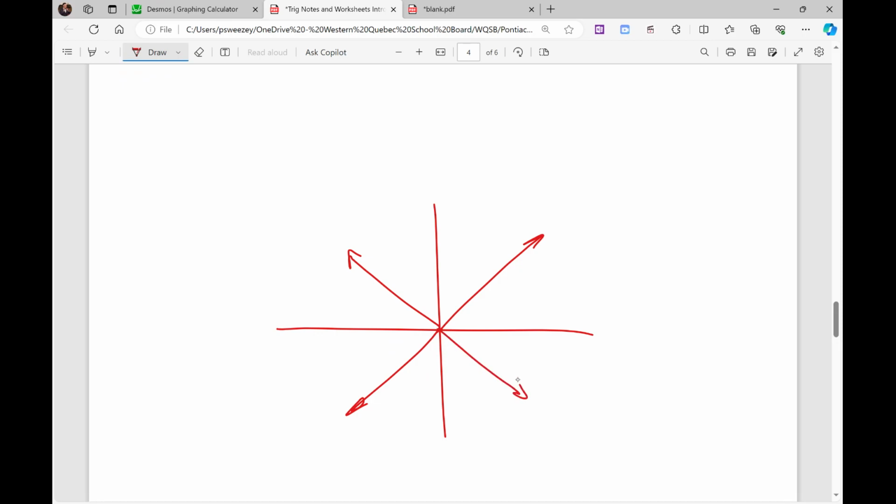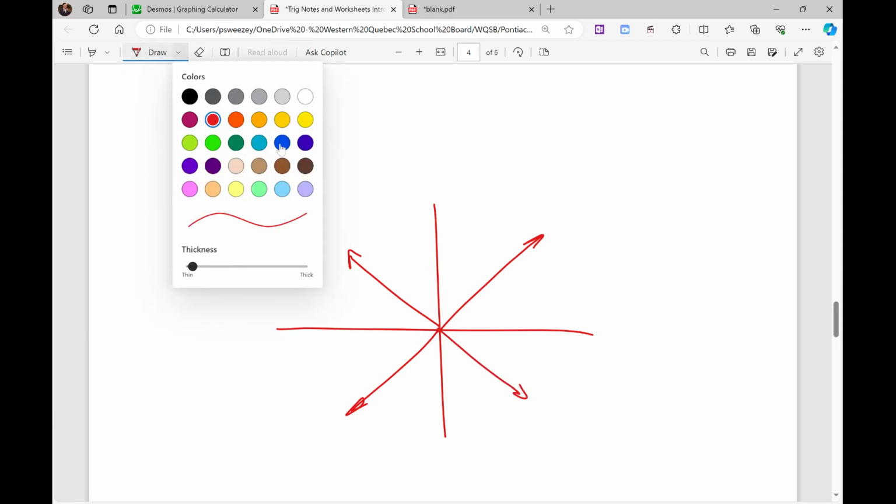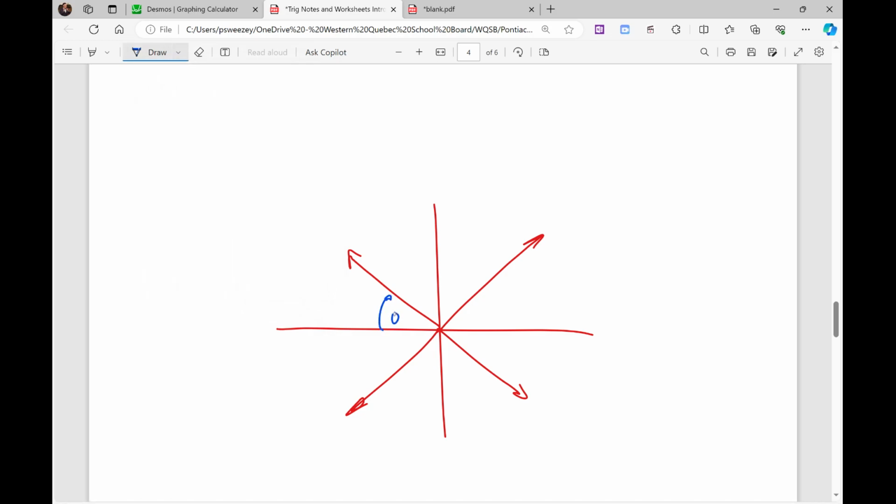All that matters here is that we know it's going to be theta units away from the x-axis. So if I'm looking in this first quadrant, that's basically just starting at zero, so this angle is just theta. Whatever you got, the 0.785, that's the angle that it's going to be.